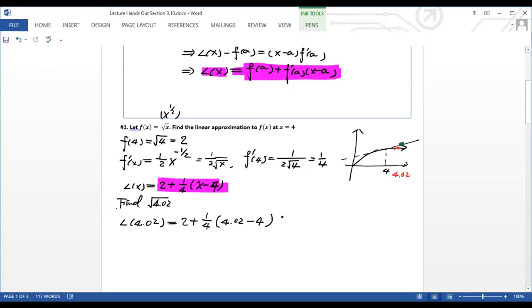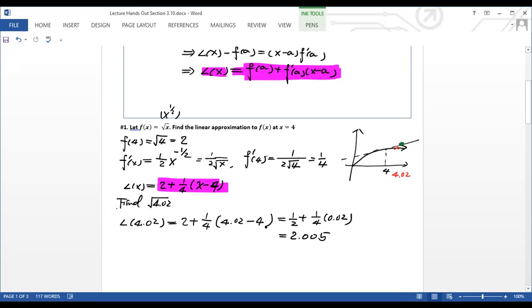Okay, then this is 2 plus 1/4 times 0.02. With a hand calculation, you can find that this is 2.005.